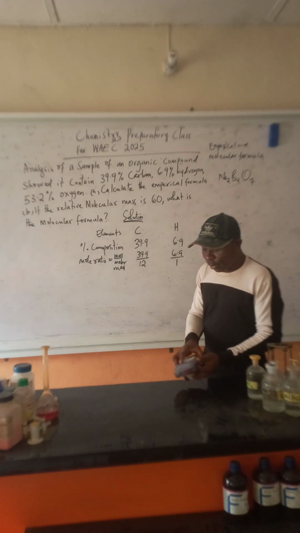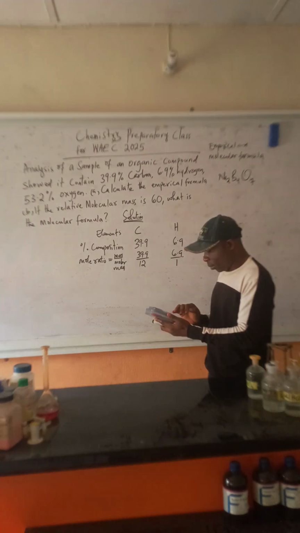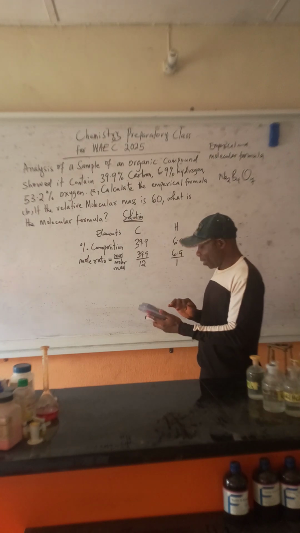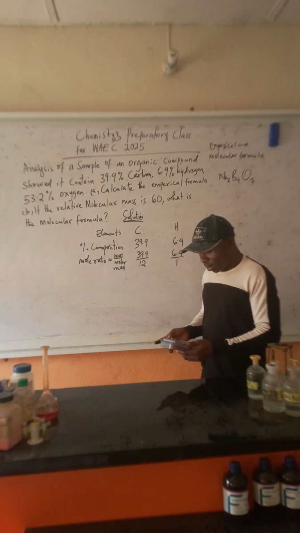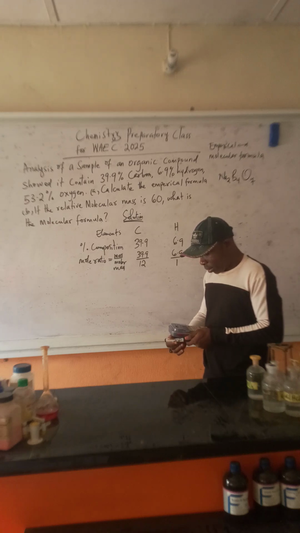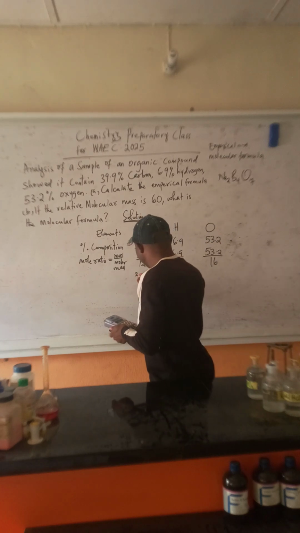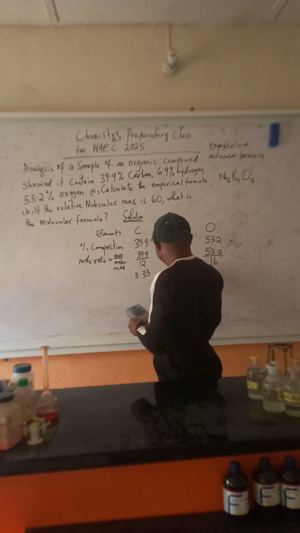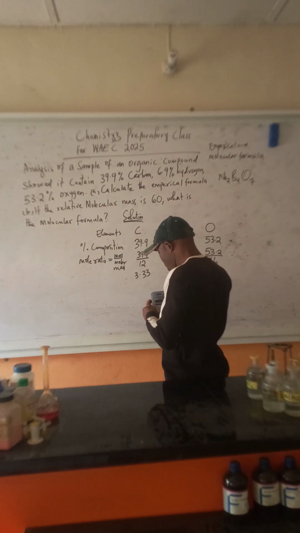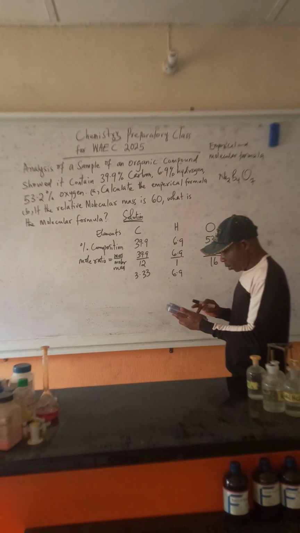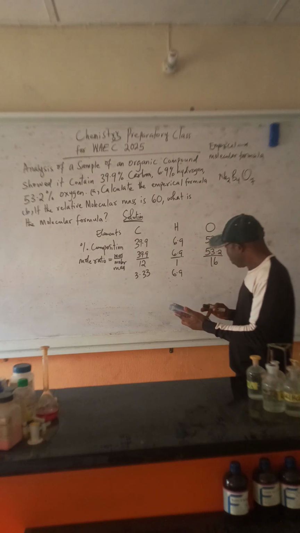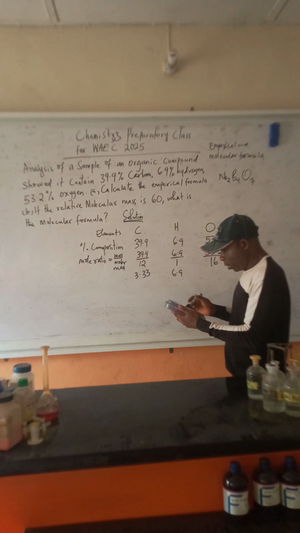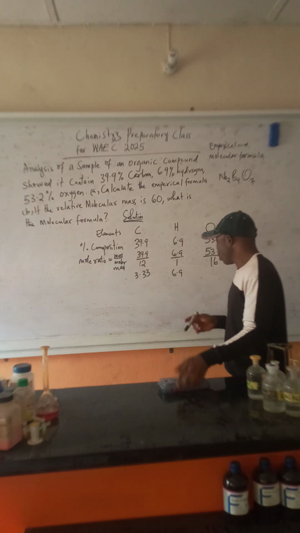Now let's engage our calculator. 39.9 divided by 12 gives us 3.33. 6.9 divided by 1 gives 6.9. 53.2 divided by 16 gives us 3.33.